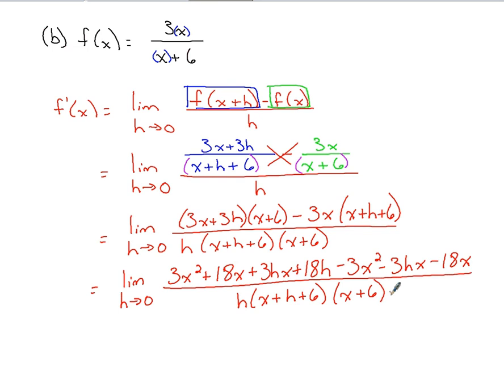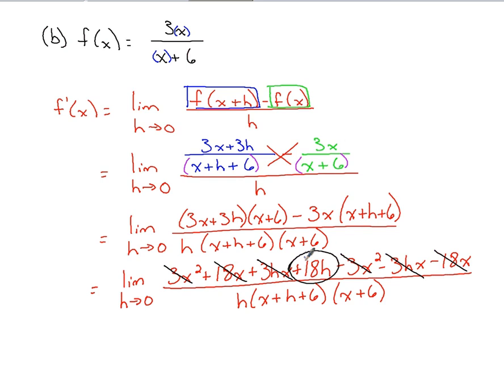All right, let's see what we can get rid of. We've got some x squared terms that disappear. We've got some hx terms that disappear. We've got some x terms that disappear. And all we are left with is an 18h.